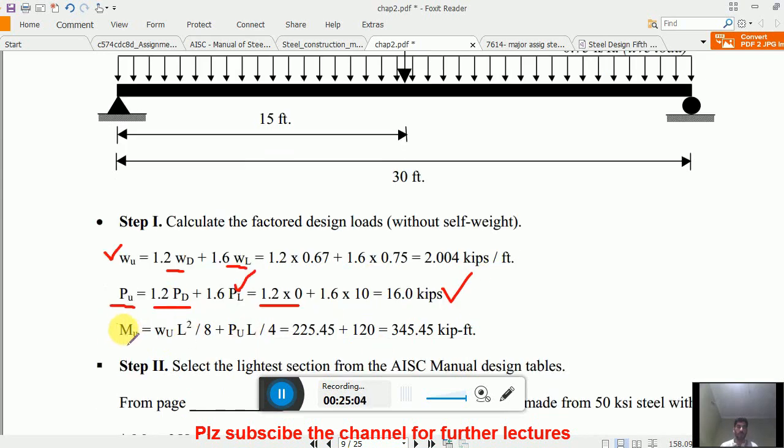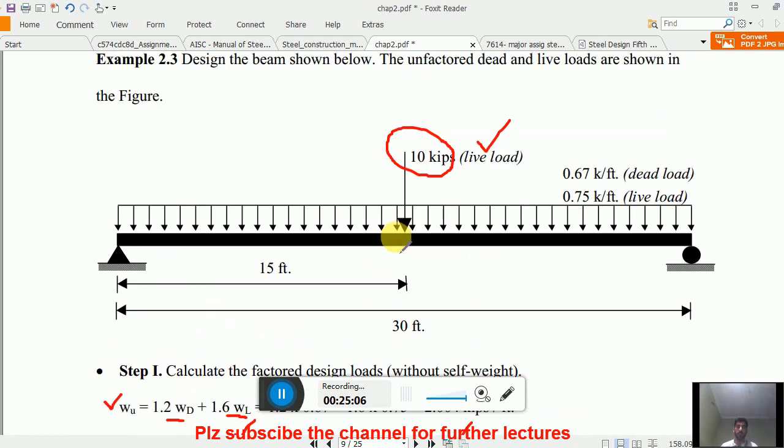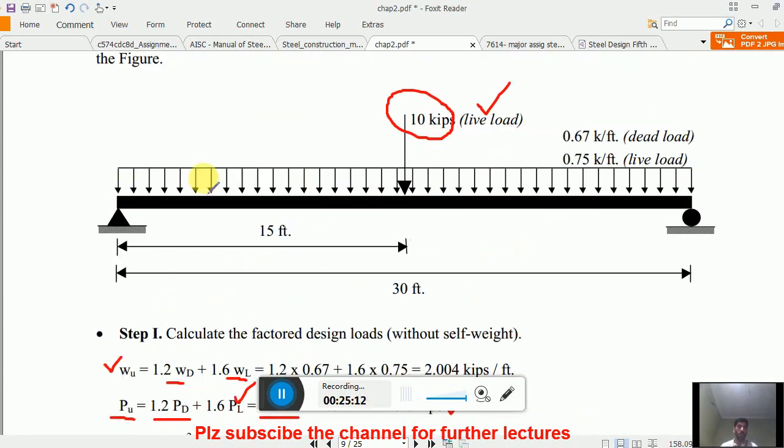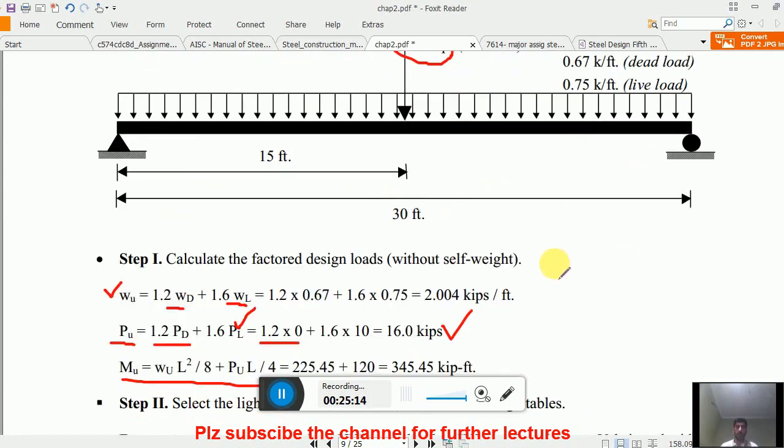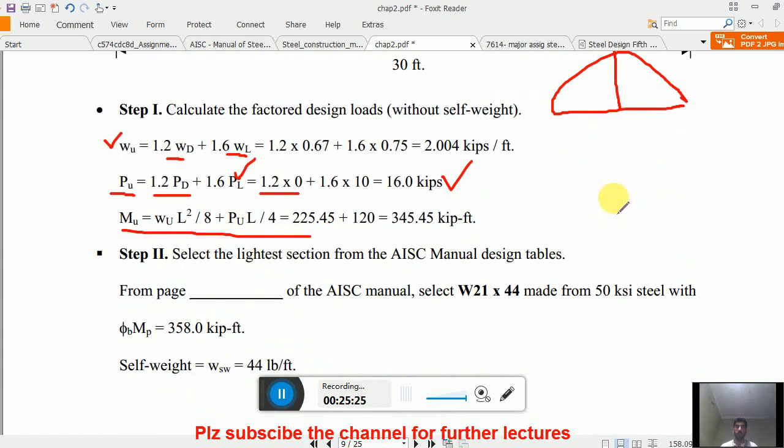Basically this is important because the beam is subjected to UDL as well as the point load. So you have two moment diagrams. One is for UDL, which is WU L square divided by 8. And one is for the point load, which is acting at the mid.